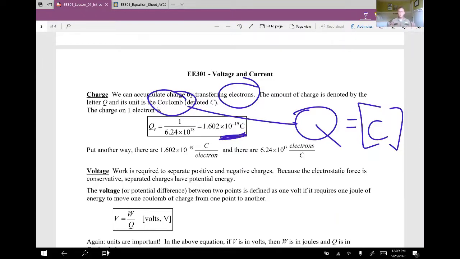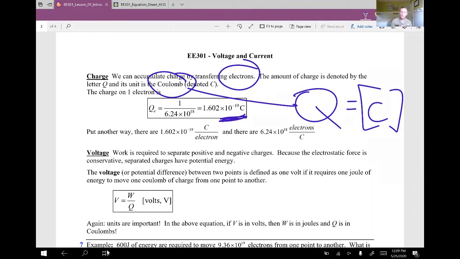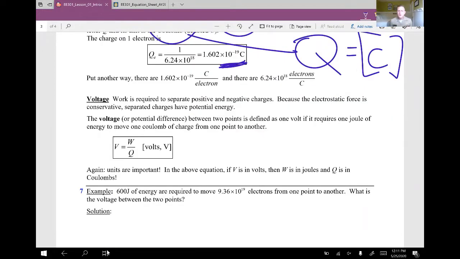So anytime in electricity, we're moving lots of electrons. So we'll actually just stick to moving charge, or moving one charge of Q in coulombs. So now let's talk about voltage. Voltage is the work that is required to separate the positive and the negative charges from one another.